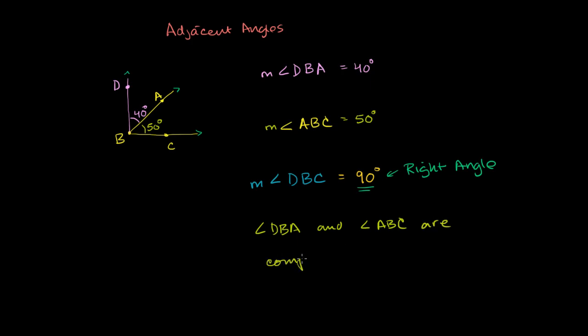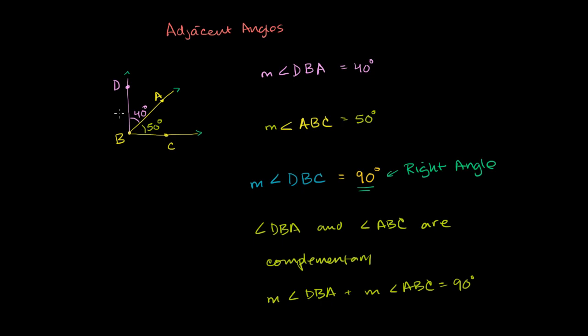And that is because their measures add up to 90 degrees. So the measure of angle DBA plus the measure of angle ABC is equal to 90 degrees. They form a right angle when you add them up.